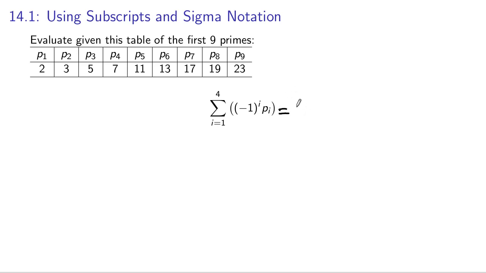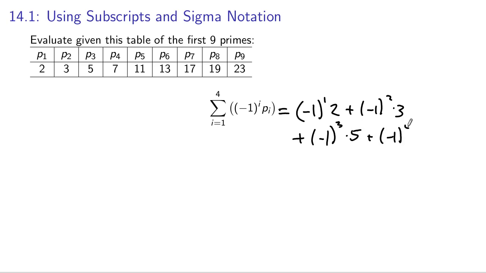Starting with 1, we have negative 1 to the first power times p sub i, which would be p sub 1, which is 2, plus negative 1 to the second power times p sub 2, which is 3, plus negative 1 to the third power times p sub 3, which is 5, plus negative 1 to the fourth power times p sub 4, which is 7.